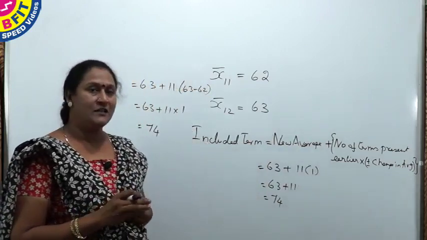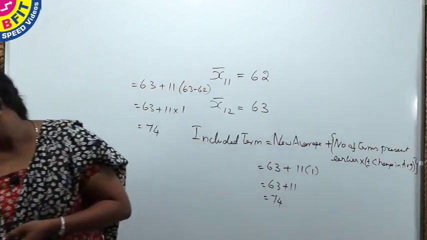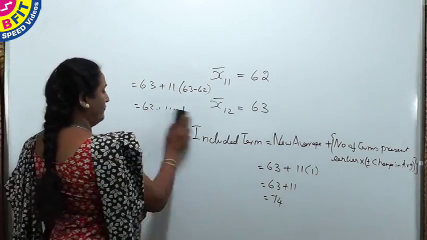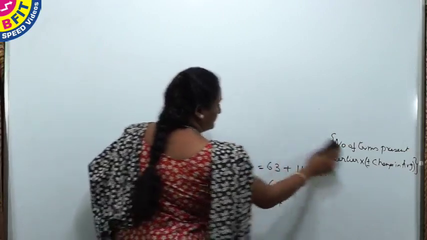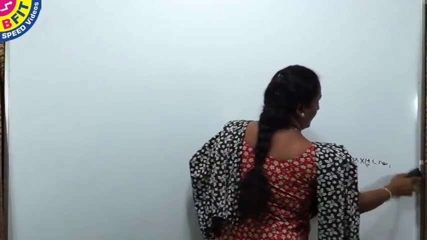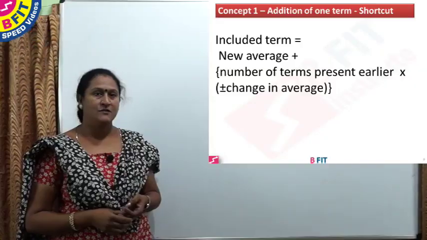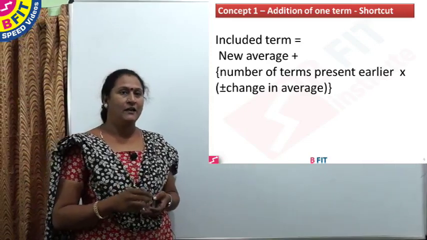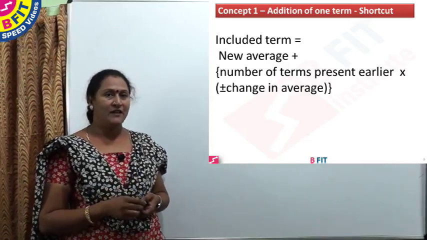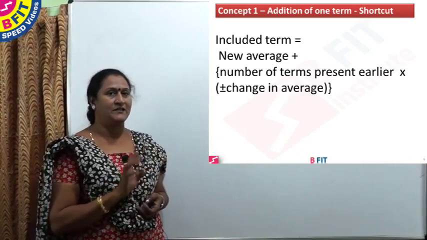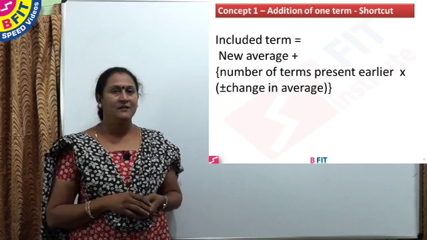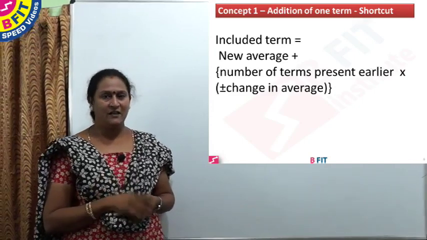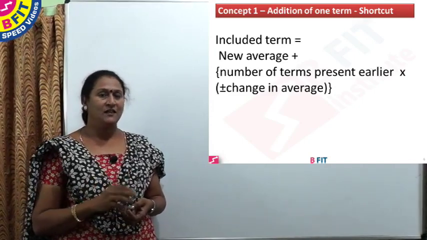So now we'll see the shortcut: the included term equals the new average, as we are adding, it is plus here, new average plus number of terms present earlier into plus or minus change in average. We'll see the next concept.